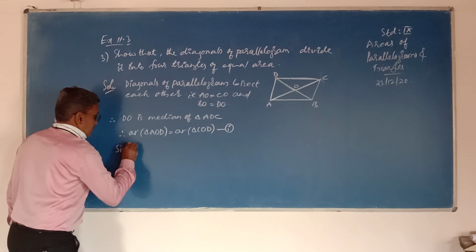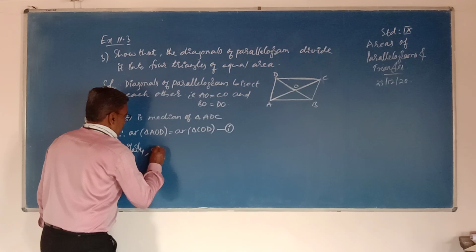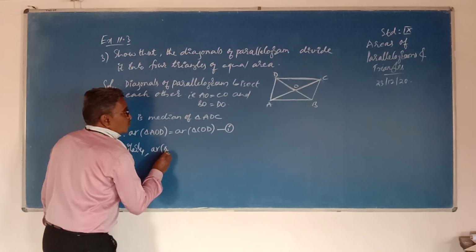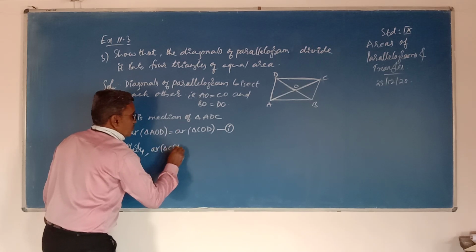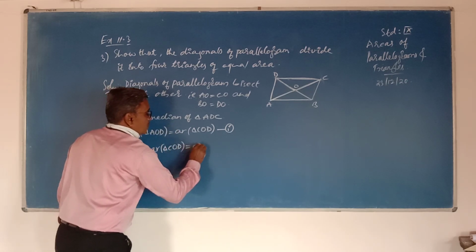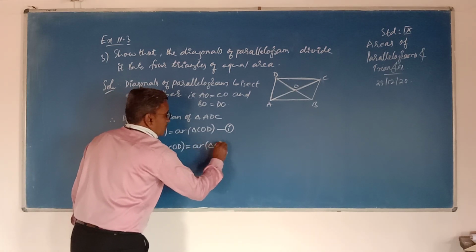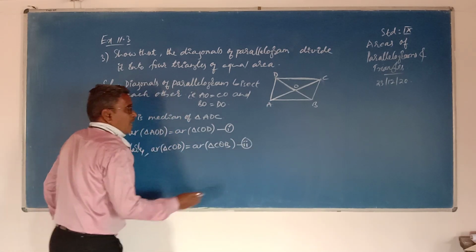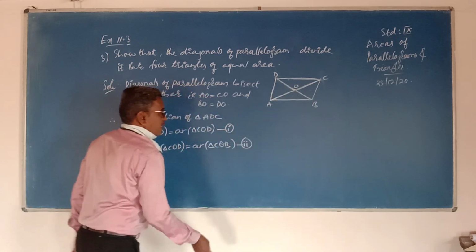Similarly, area of triangle COD equal to area of triangle COB. See the figure? Yes, and also BO is the median, so COB equal to BOA.